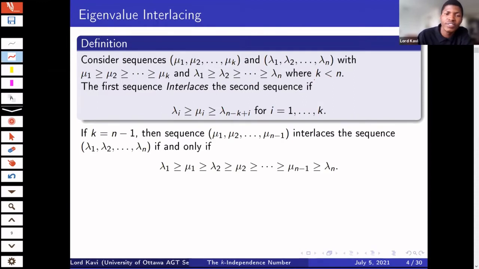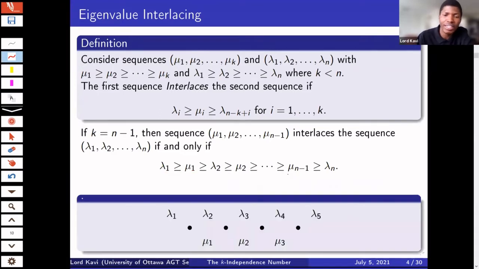For instance, as in the example before this slide, if k is n minus 1, then interlacing means lambda 1 greater than mu 1 greater than lambda 2 greater than mu 2, in that order.